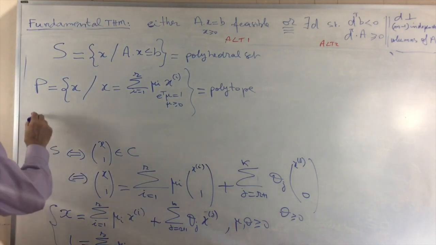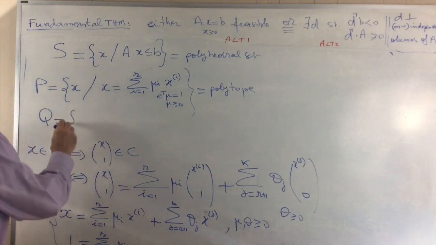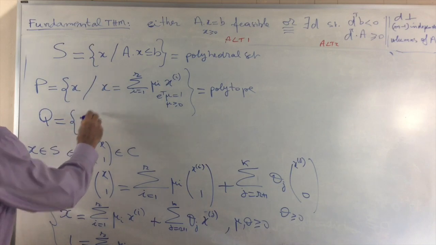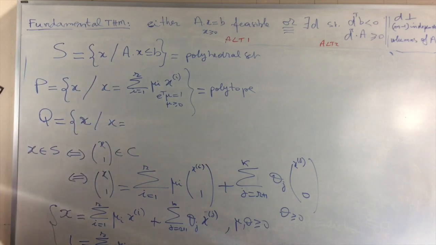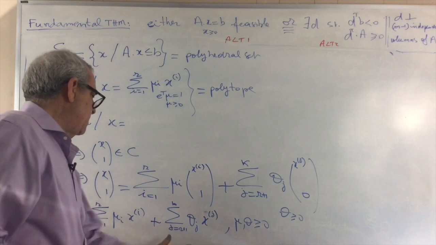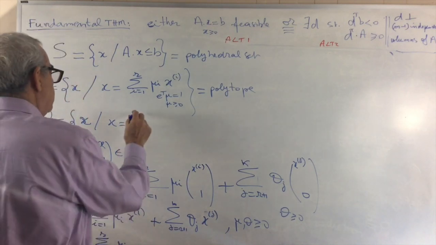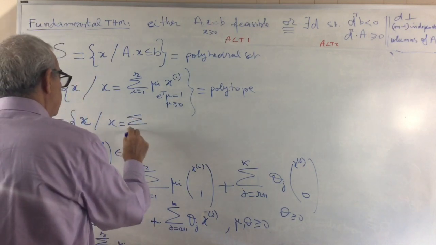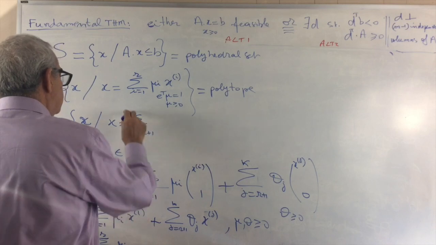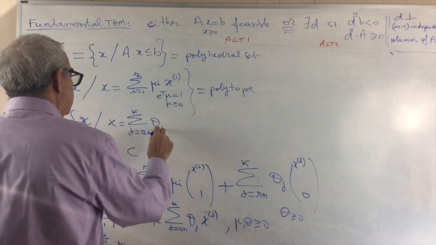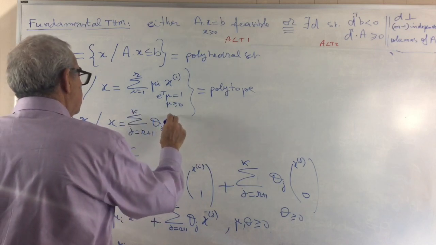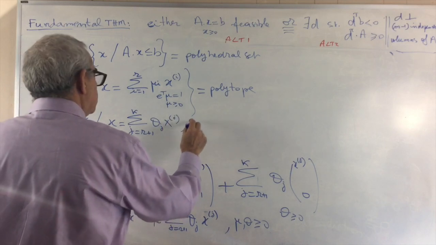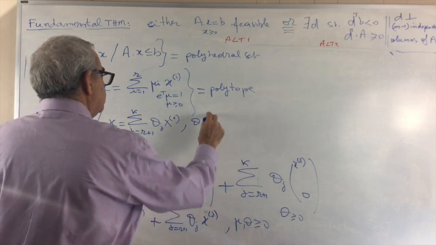And then the Q, set of all x such that x is equal to this thing here, the sum of j equal to r plus 1 till k of theta_j x_j. And here, of course, theta is greater or equal to 0.